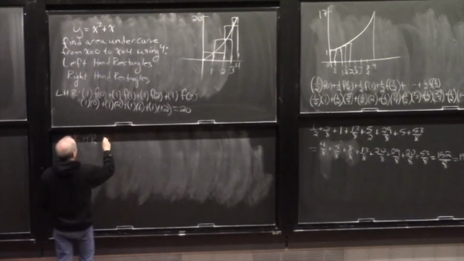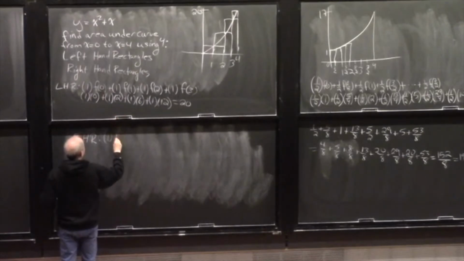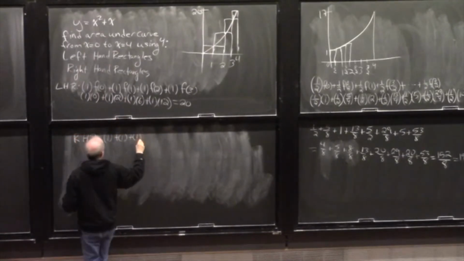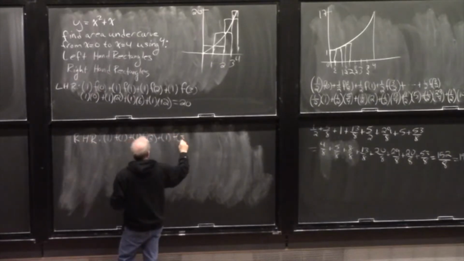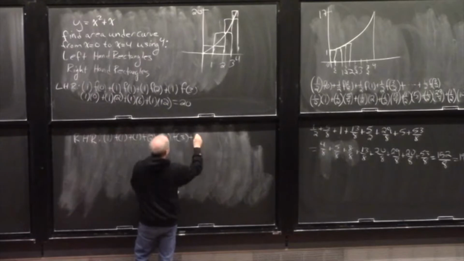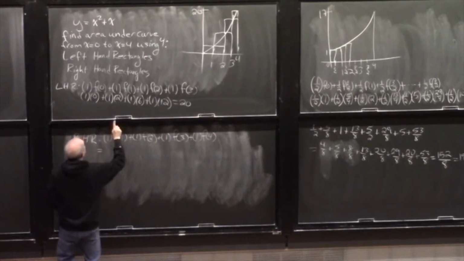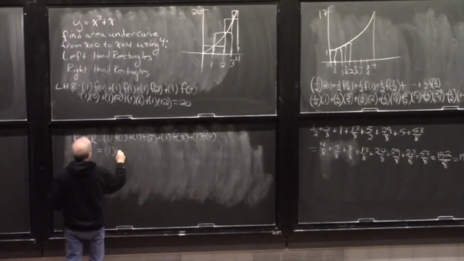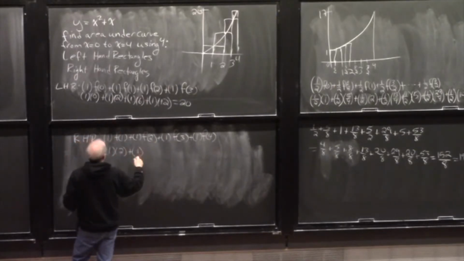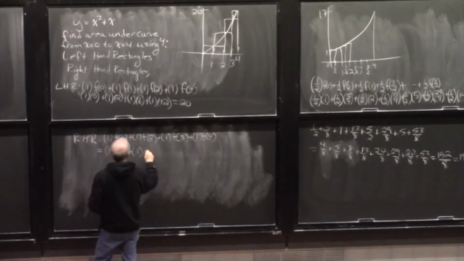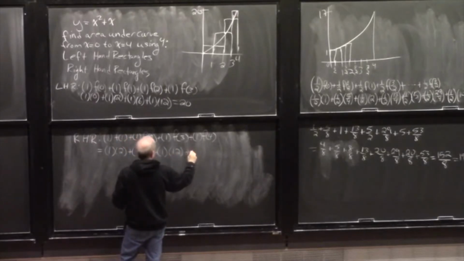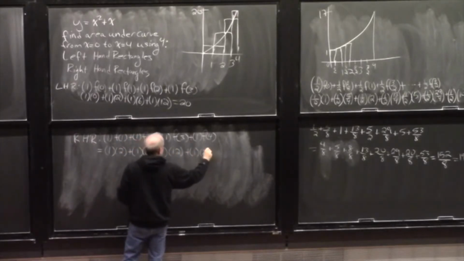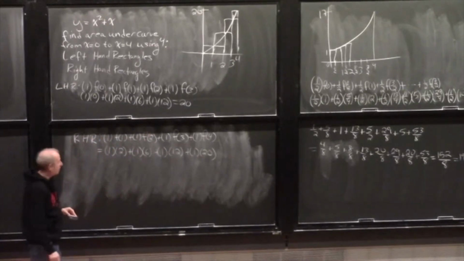So each one is 1 wide, and I have f of 1, f of 2, f of 3, and f of 4. So that's 1 times 2 plus 1 times 6 plus 1 times 12 plus 1 times 20. And you get 40.